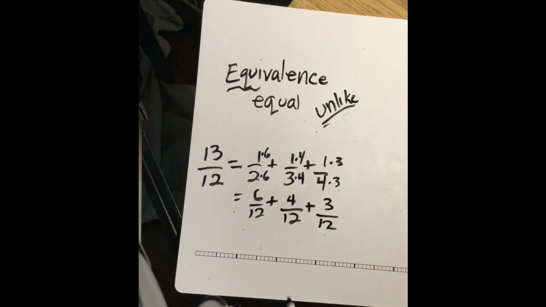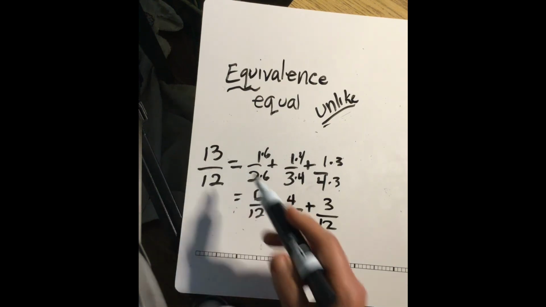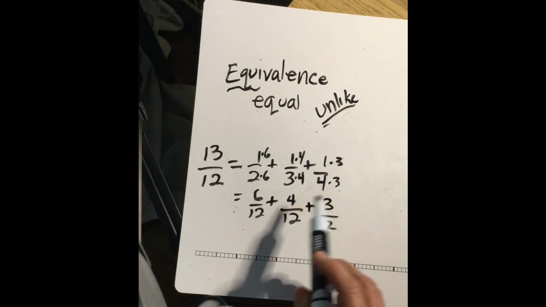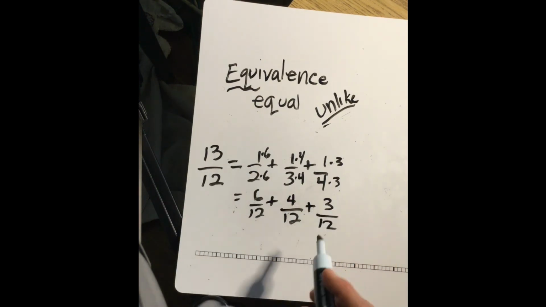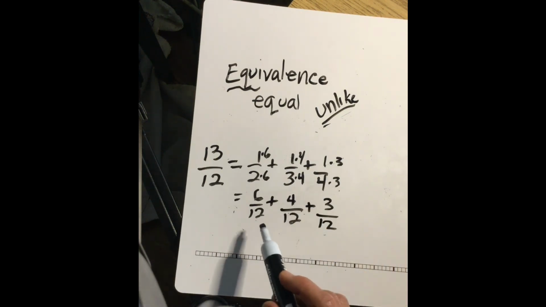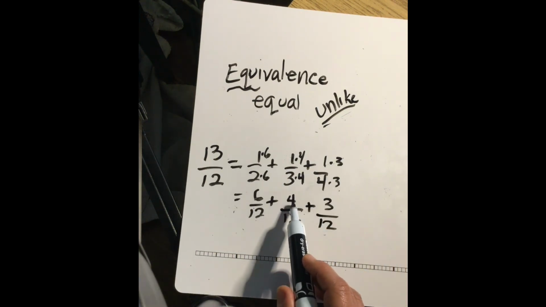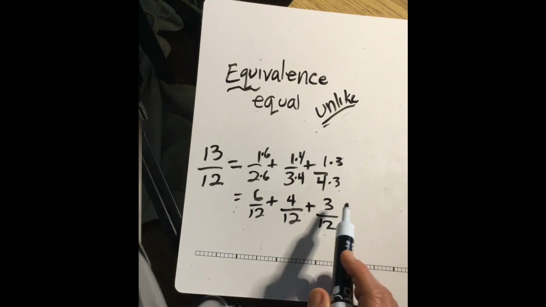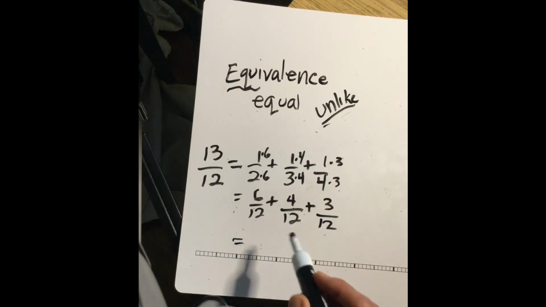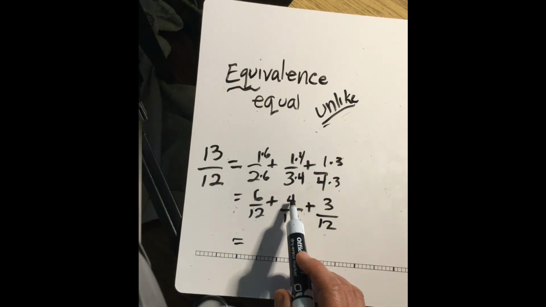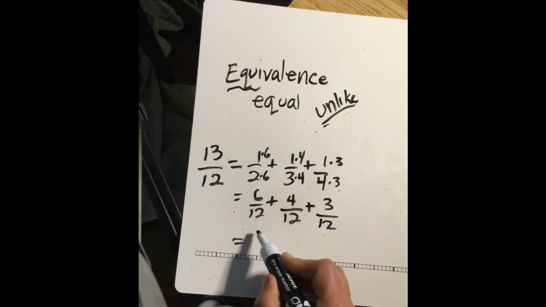Now the big question, did we end up with 13/12? So we just add them one at a time. Again, don't stress out. If you need to do side notes, that's okay. So 6 plus 4 gets me 10/12. And so I'm adding the numerators, and then I'm going to leave the denominator the same. So 6 plus 4 is 10, plus 3 is 13.